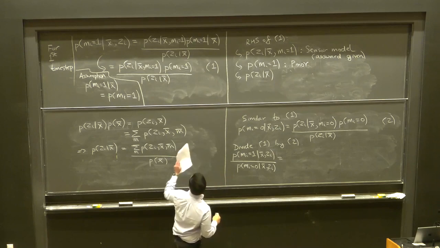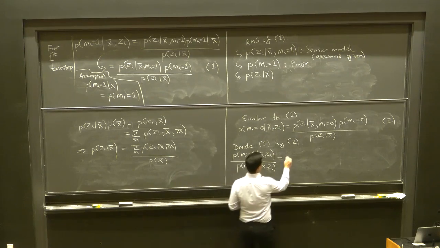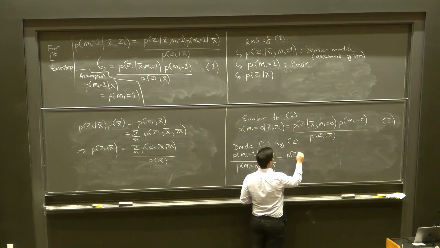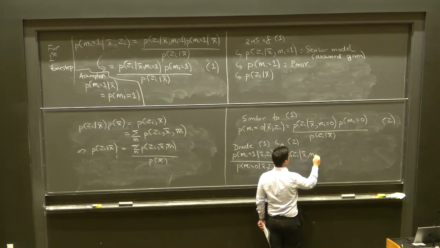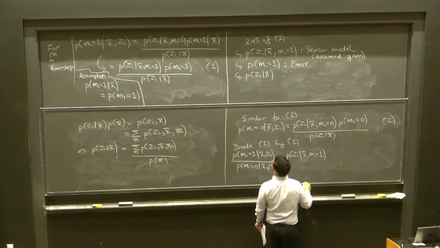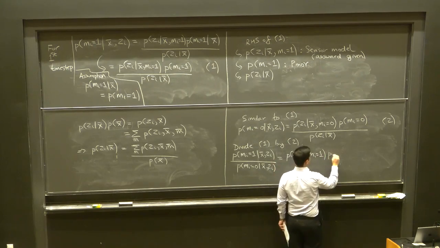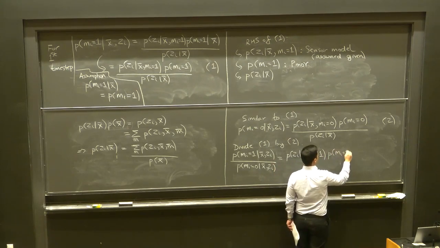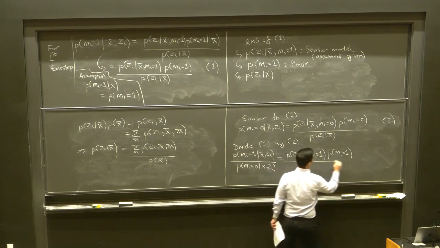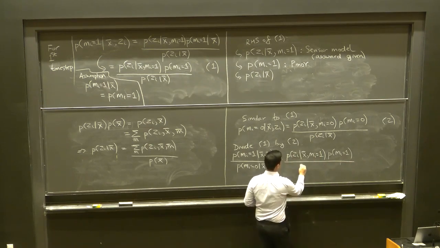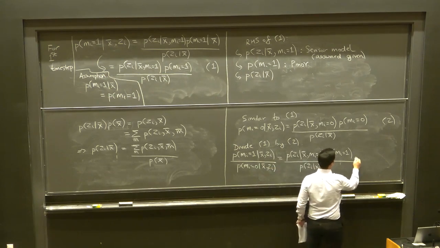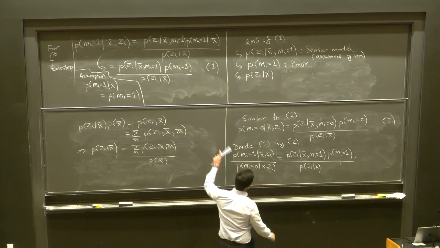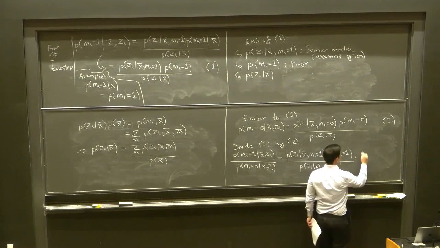On the right-hand side, we have in the numerator P of Zi given x and mi equal to 1, divided by P of Zi given x, and then the right-hand side of 2.